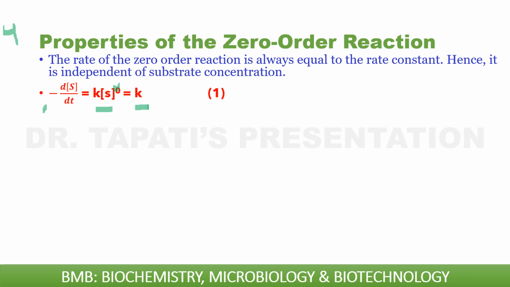So we can conclude from this equation that the rate of the zero order reaction is always equal to the rate constant. Hence it is independent of substrate concentration, because in this equation we are not finding any value of S. Therefore we can say that rate of the reaction is independent of substrate concentration.